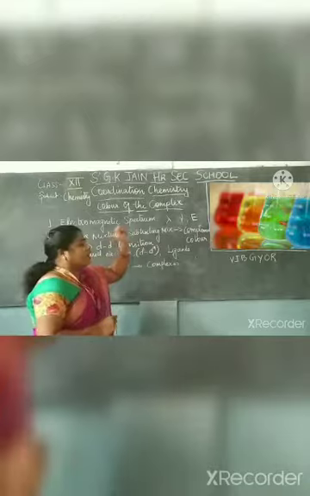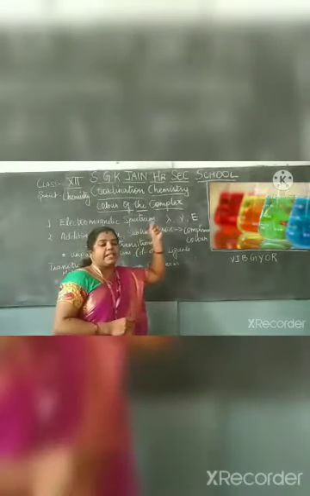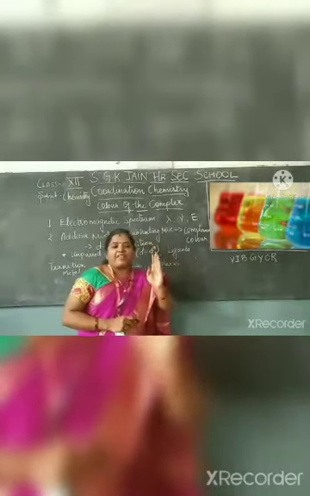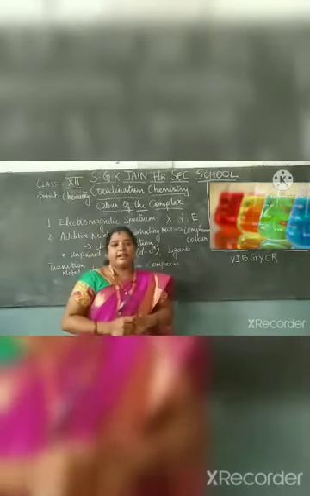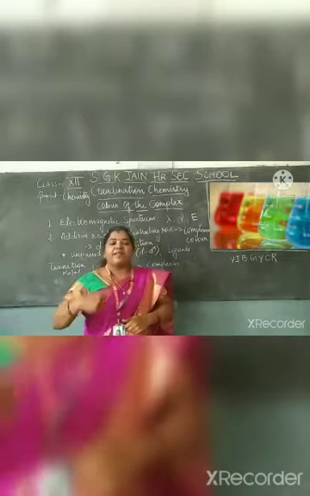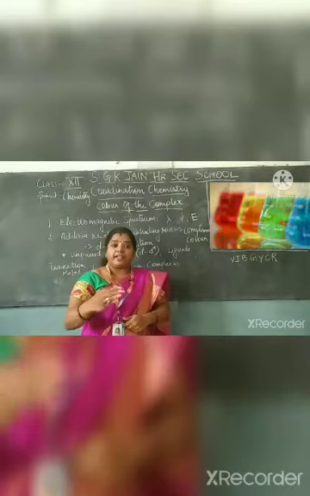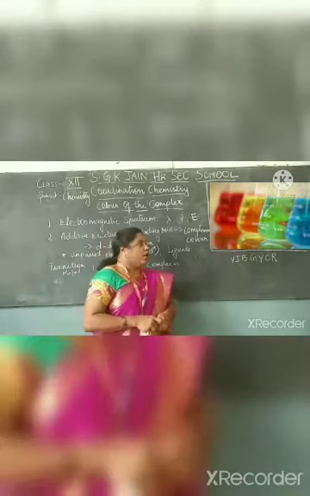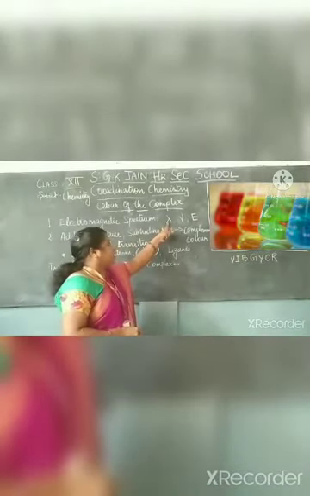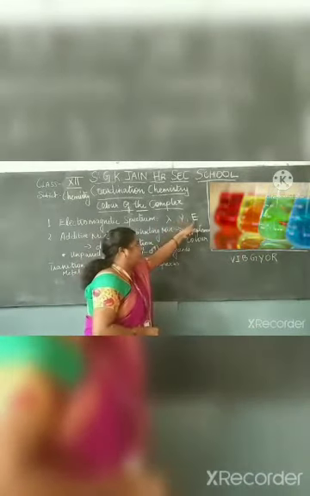Next, the color of a compound is based on the wavelength, that is lambda. Each color has a different wavelength, and the values differ for different colors. Lambda is related to the frequency nu as well as the energy.